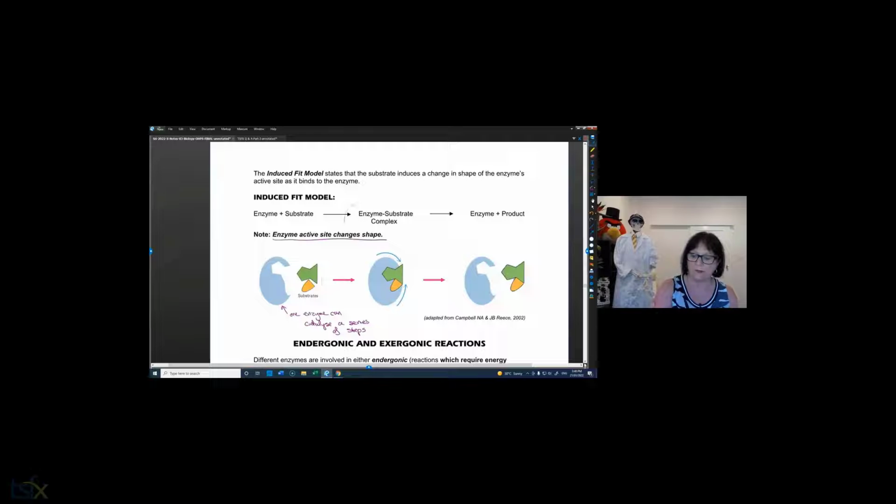But from this point on, it's the same. It complexes, and then we get products, and then the enzyme can be used again. So it's just the first step that is a little bit different in that theory. But again, we do want you to do the lock and key at VCAA if you are asked to explain it. But it doesn't hurt to just have an idea of this other model that is possible.